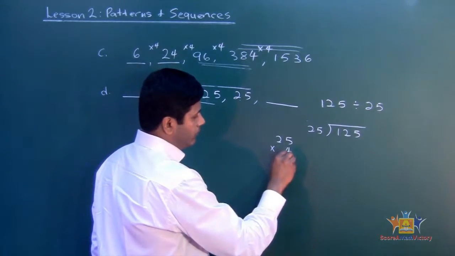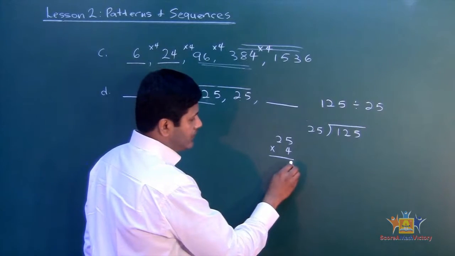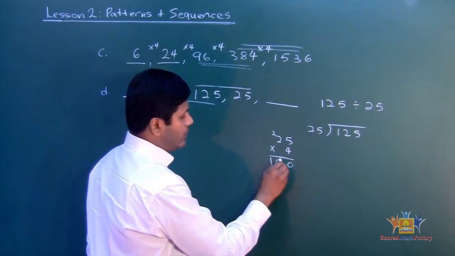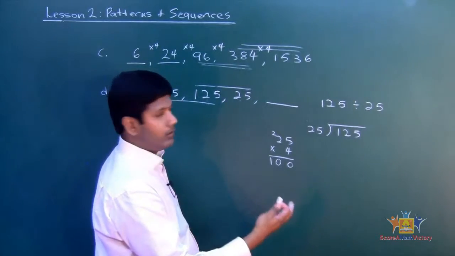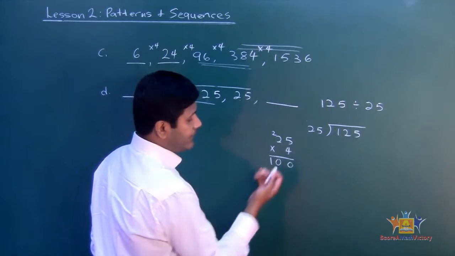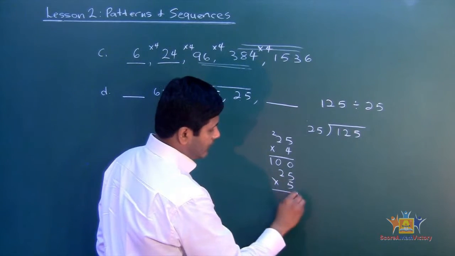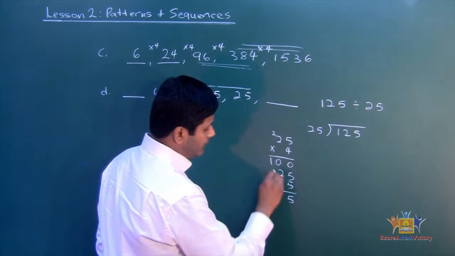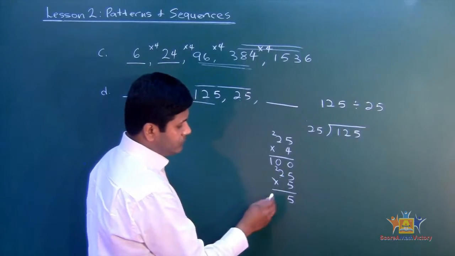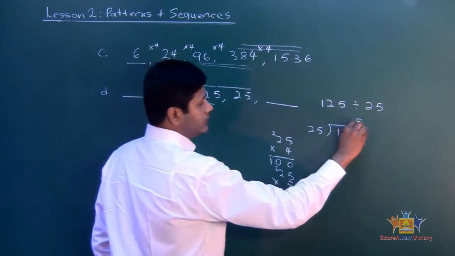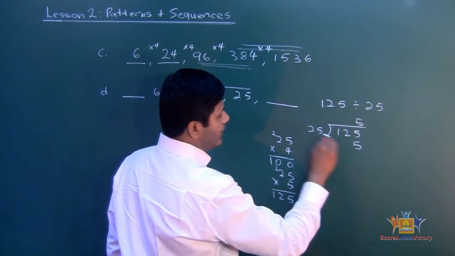Let's try 4. 4 times 5 is 20, 0 carry 2. 4 times 2 is 8, plus 2 is 10, so 100. Still away. We can do one more. That means I can increase 4 to 5. 25 times 5. 5 times 5 is 25. 5 times 2 is 10, plus 2 is 12. Right there. So 5 works. So I'm going to put 5 times 5 is 25.